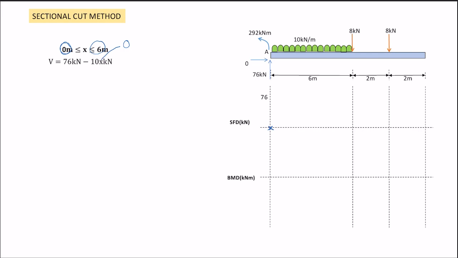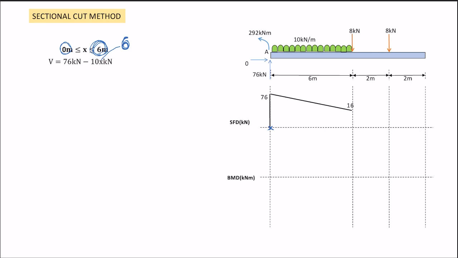Kalau X sama dengan 6 meter for the second boundary value tu, you akan replace ya X ni dengan 6. So 76 tolak 10 darab 6. 76 tolak 60. You akan dapat 16. So you boleh gariskan straight.